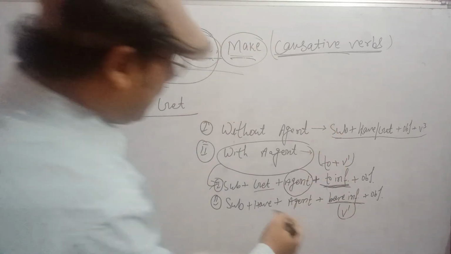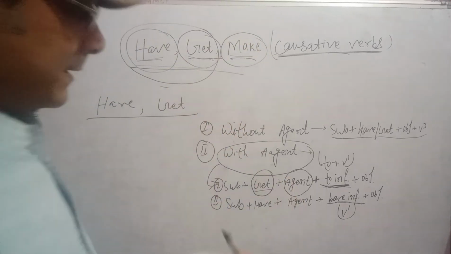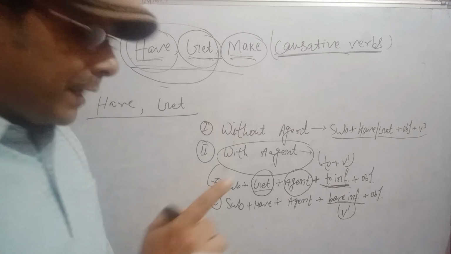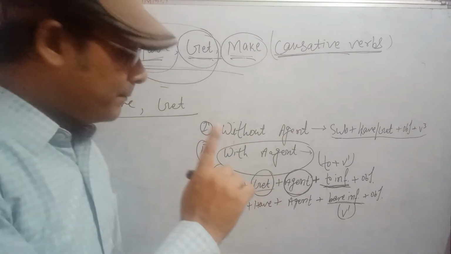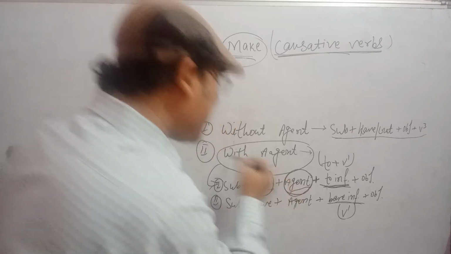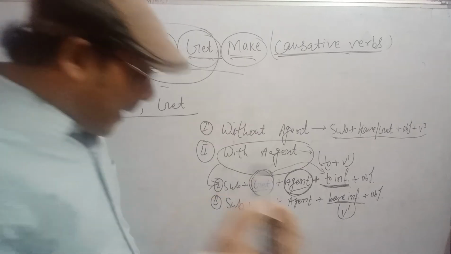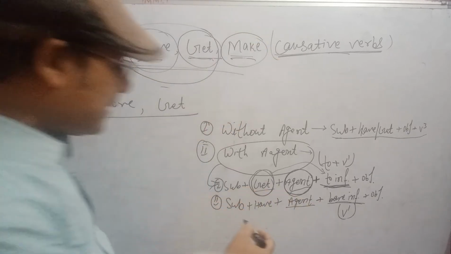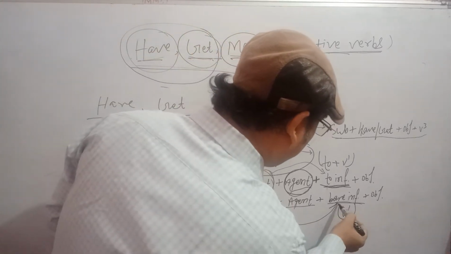Here we can understand that when the agent is mentioned in the sentence, we use get with to infinitive, or we use have as a causative verb, and this have takes bare infinitive.